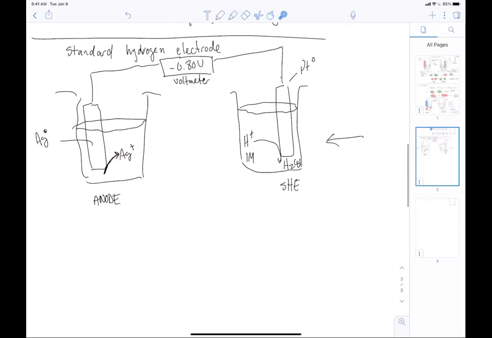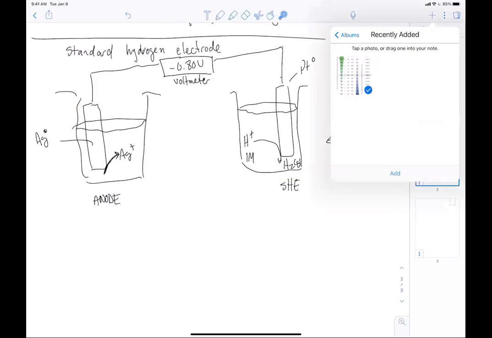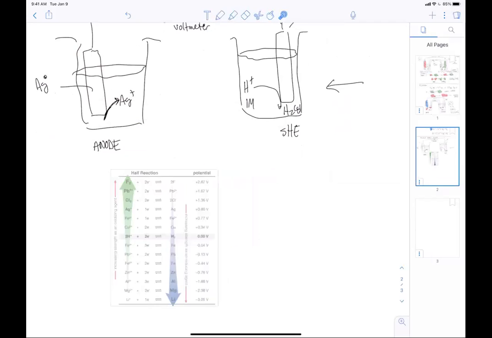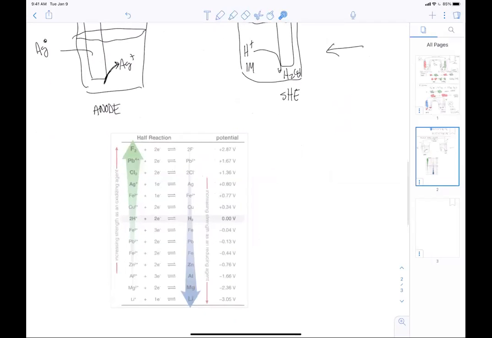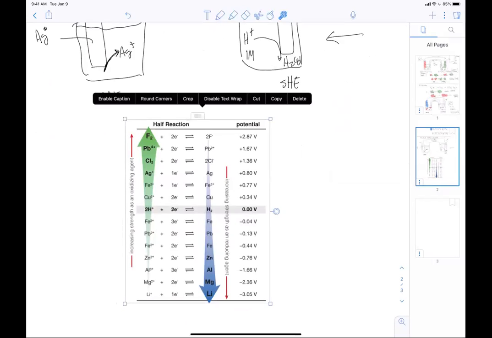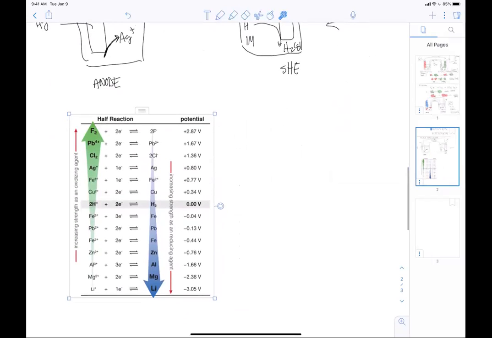And if you look on the GChem website, within the little module for it, you'll find one of these charts, which basically indicates that somebody's gone in and done these reactions. Usually these are put in terms of reductions.